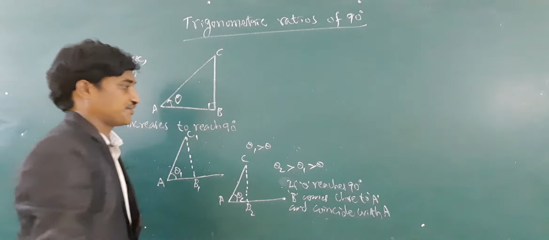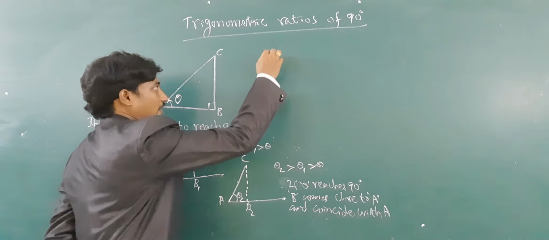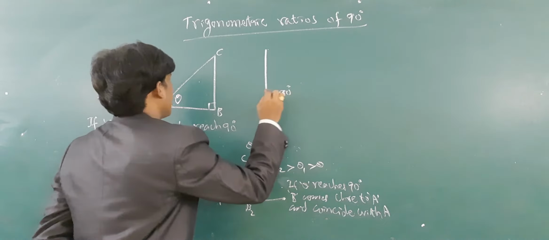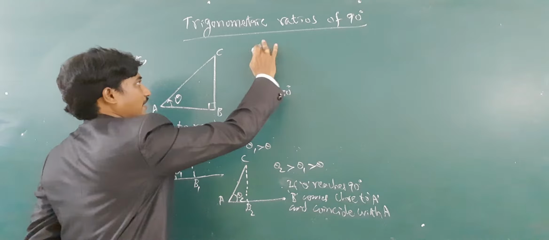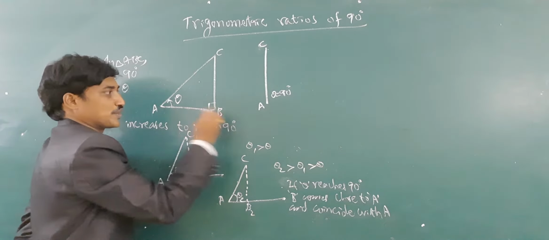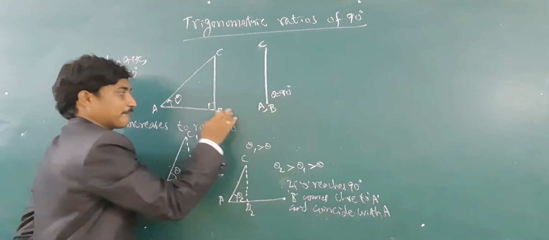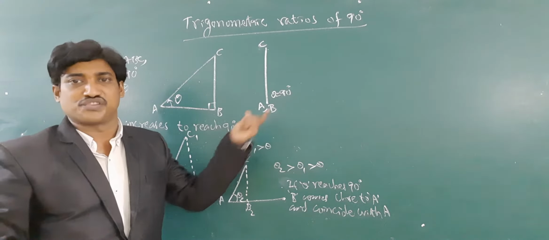Here, if theta is equal to 90 degree, here is A and here is C, and B comes close to A and coincides with A. In this case, length of AB is 0.